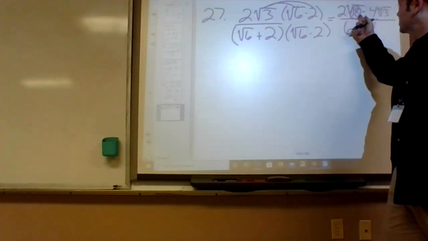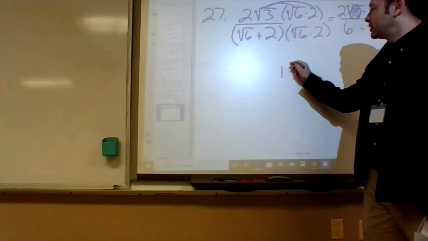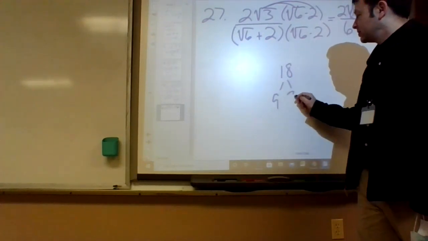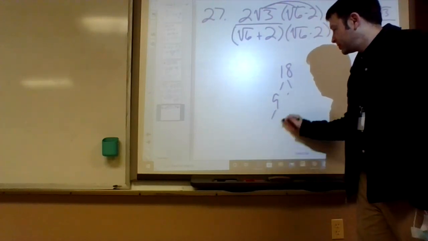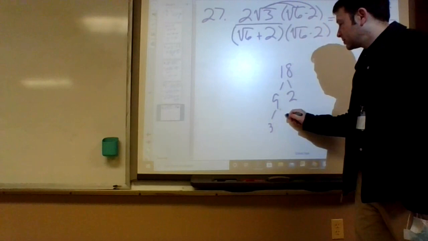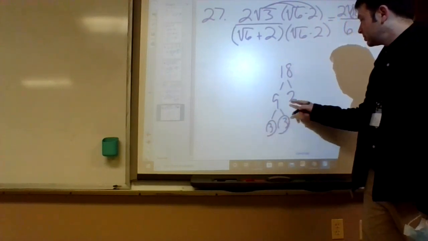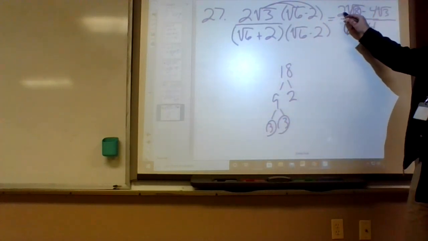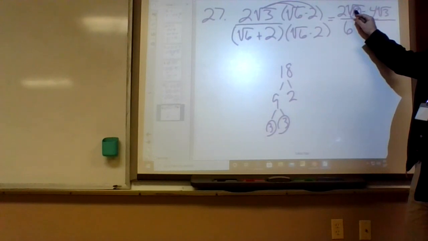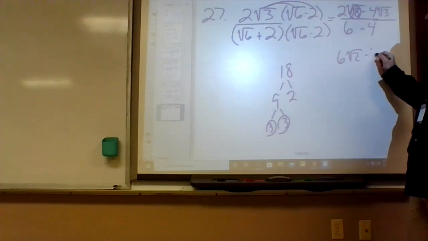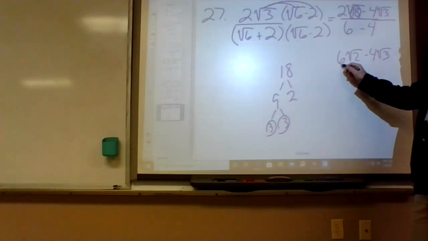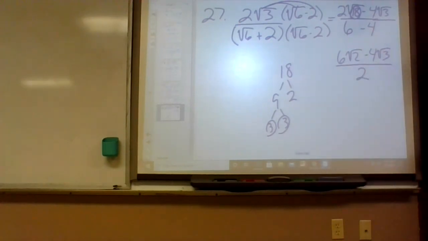Okay. 18 is 9 times 2, and 9 is 3 times 3. So it's 3 square root of 2. So it's 2 times 3 square root of 2, 6 square root of 2. Okay, can we do anything else?